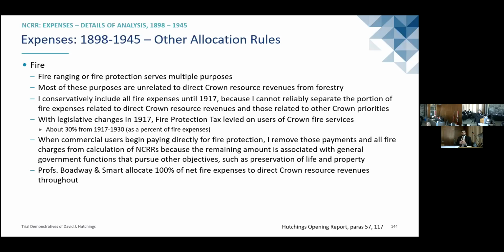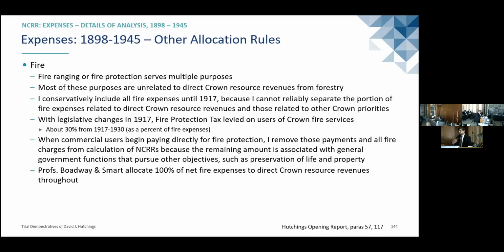So I spoke earlier in the context of the arbitration papers that fire ranging, and sorry, I'm now on slide 144. Fire ranging and fire protection can serve multiple purposes. Right? It's not just about protecting land for timber purposes that can be sold or on which trees can be harvested to generate direct crown resource revenues.